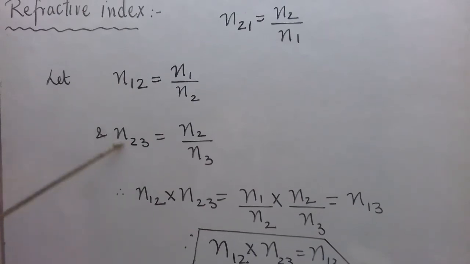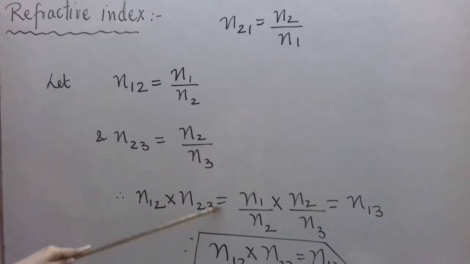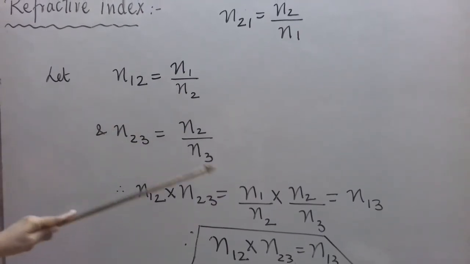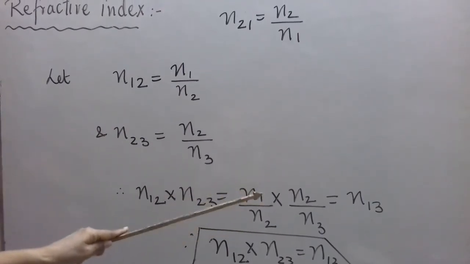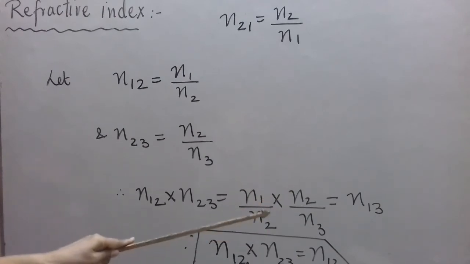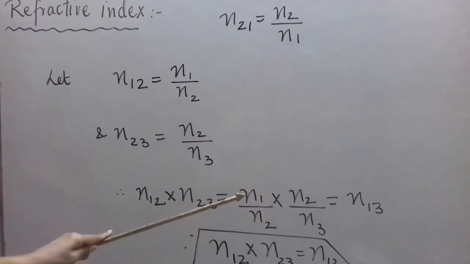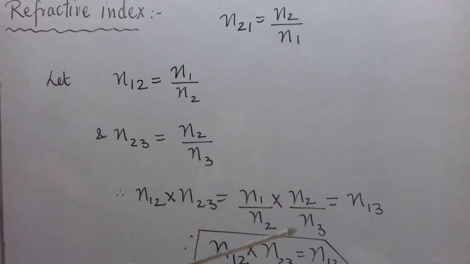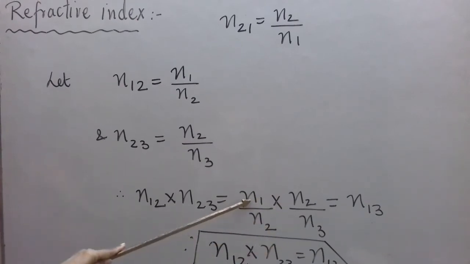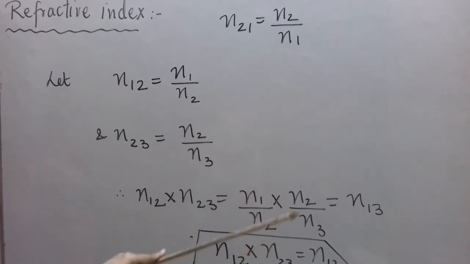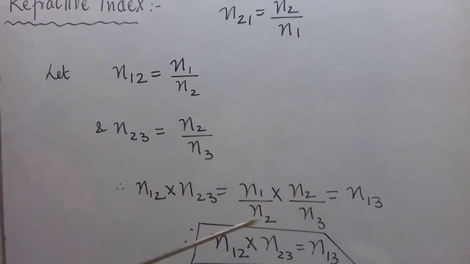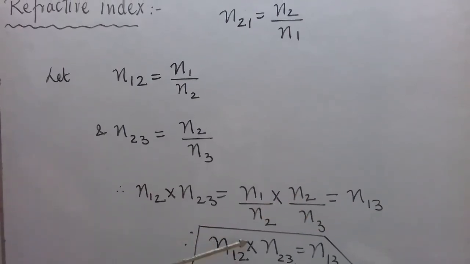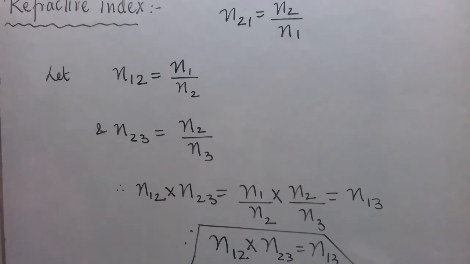Now multiply these two. N12 into N23 is equal to, multiplying their right hand sides, N1 upon N2 into N2 upon N3. N2 gets cancelled. We are left with N1 upon N3. But we know that N1 upon N3 is N13. Therefore, N12 into N23 is N13.